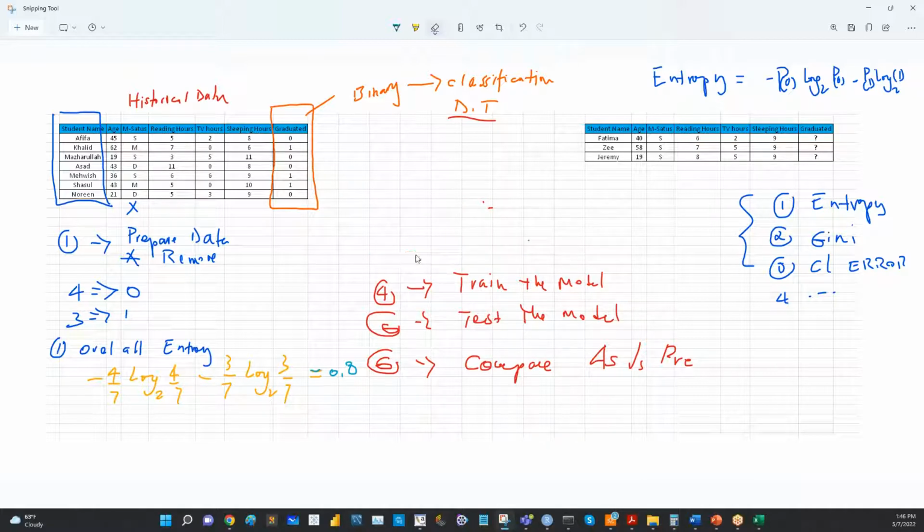And now the decision tree is going to treat every single element of your data with an equal weight.